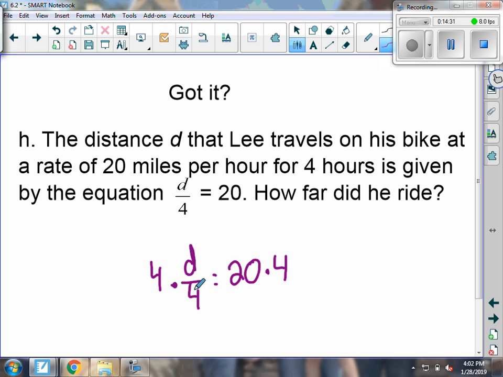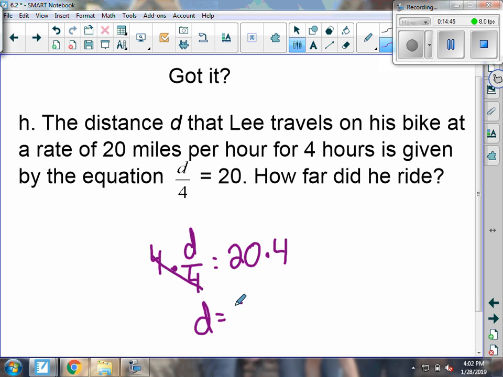So if you see a fraction here, and your variable is inside that fraction, so here it's the numerator of our fraction, then this is really division. So to get rid of division, we need to multiply. So that 4 cancels out. So I have d is equal to 20 times 4 is 80. So how far did he ride? Let's see, we were talking about miles, so he rode 80 miles.